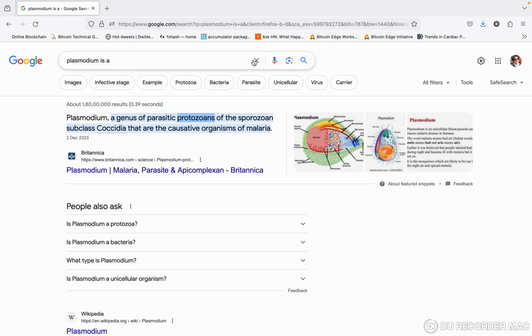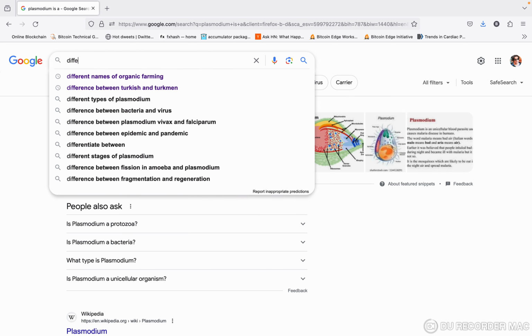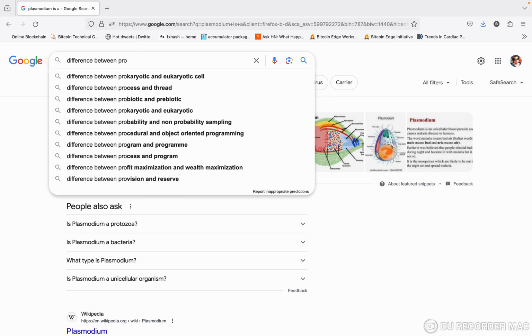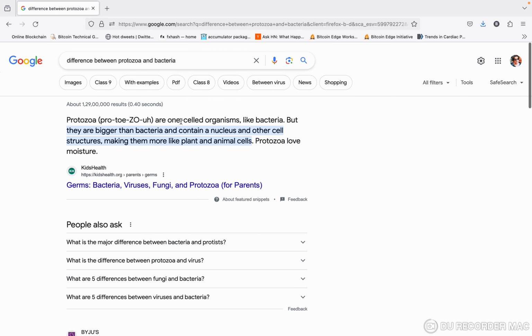So what is the difference between protozoa and bacteria? Protozoa are like bacteria, but they are bigger and contain a nucleus and structures, making them more like a plant or animal cell.